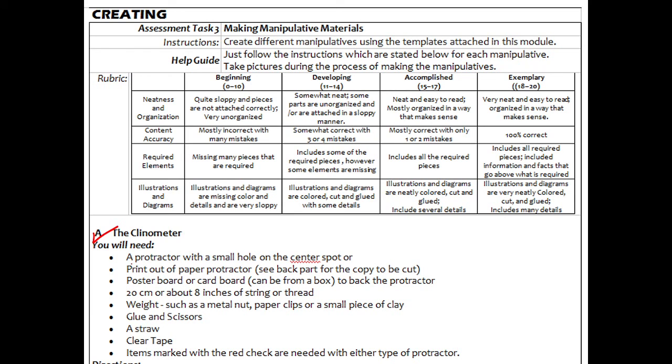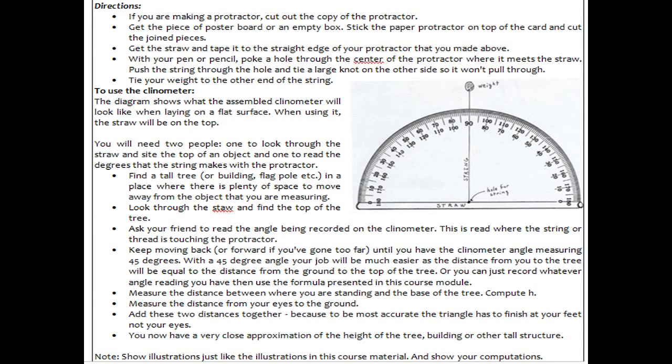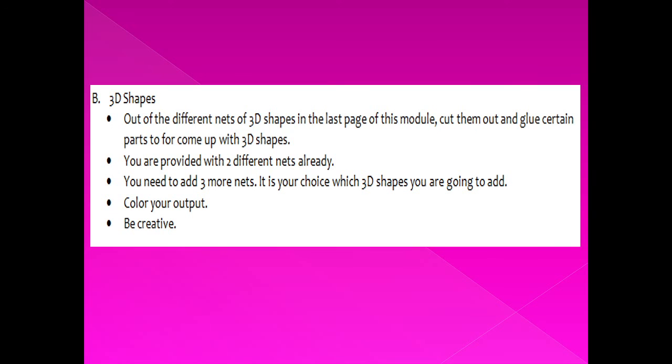Mao ni siya ang mga gamitonon ninyo para maghimo sa clinometer. Just follow the instructions. There are directions here. Follow lang na ninyo. Nya ang second is 3D shape. Nakoy gihatag nga 3D shape na anay sa inyong CM nga nakoy gi-provide. Ang inyo na lang is maghimo na sad mo 3 more nets. Now this time dili ni siya usara ka 3D shape.